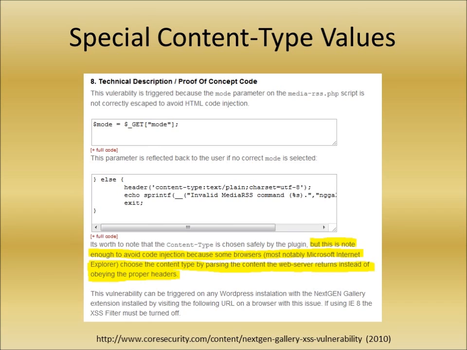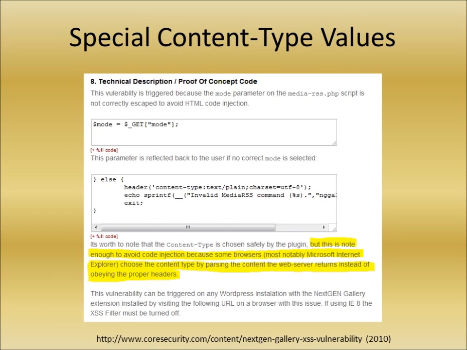This next slide is a good example of the real danger of not conforming to the developer's content type declarations. This was posted on the Core Security website and was a cross-site scripting vulnerability that was prevalent in 2010.